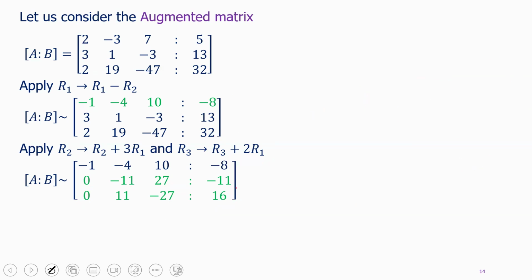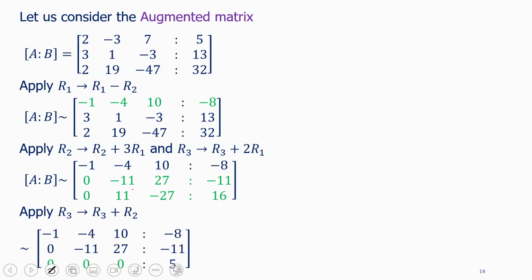Now let us go to A22. We ask the question, is A22 equal to 1? The answer is no. We ask the second question: is the element below A22 a multiple of A22? Clearly 11 is a multiple of minus 11. So we can apply the operation R3 plus R2.